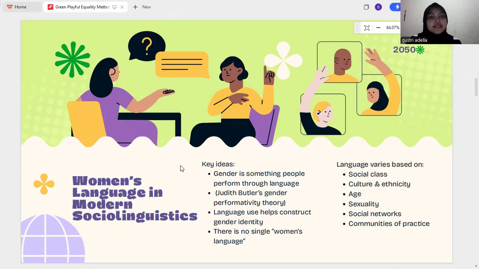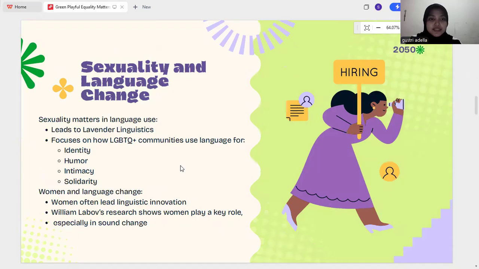So the next is sexuality and language change. Sexuality matters in language use. First, it led to lavender linguistics, which focuses on how LGBTQ plus communities use language for identity, humor, intimacy, and solidarity.